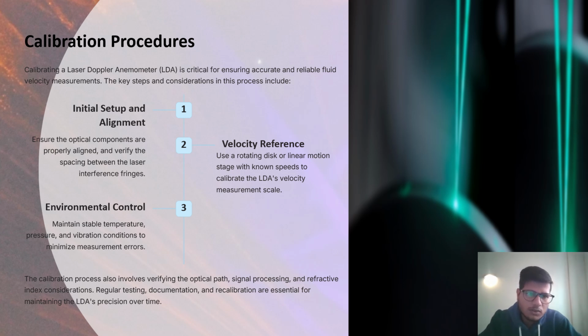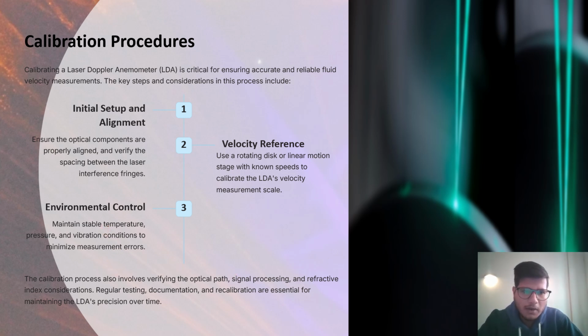First, we ensure the optical components are properly aligned, and that the spacing between the laser and interference fringes is correct. Second is the velocity reference. We use a rotating disc or linear motion stage with a known speed to calibrate the laser Doppler anemometer's velocity.